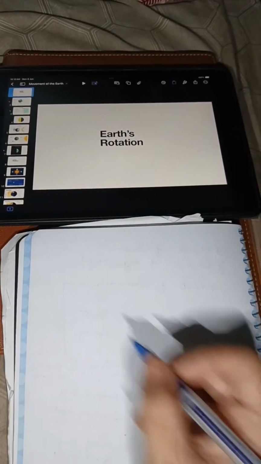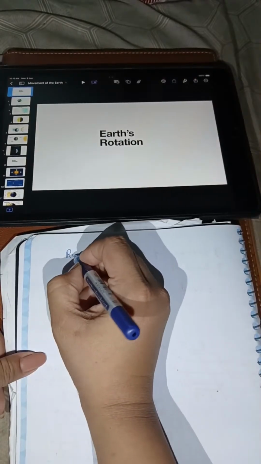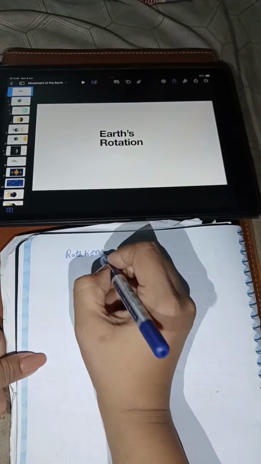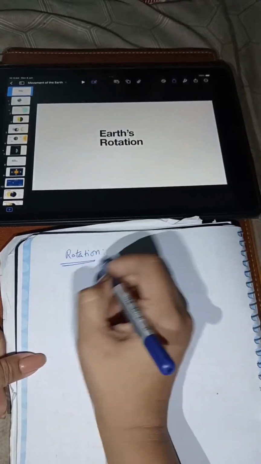When the earth spins, that is the spinning movement of rotation. What is rotation?